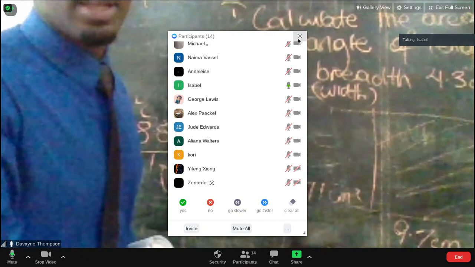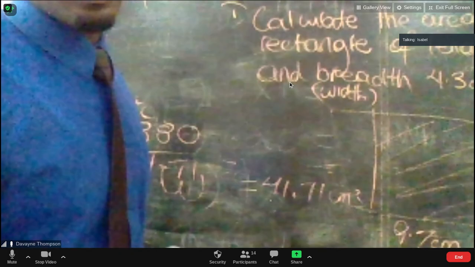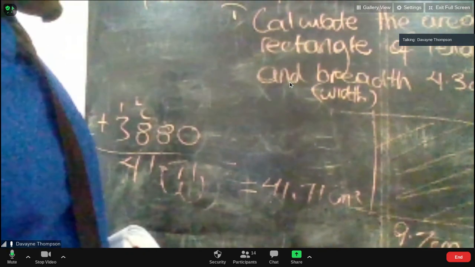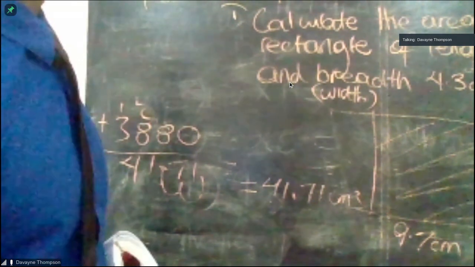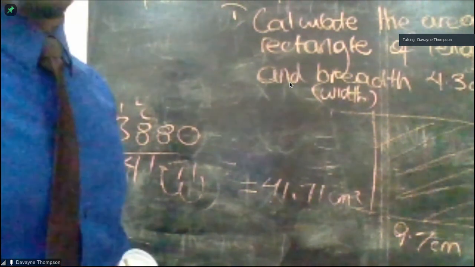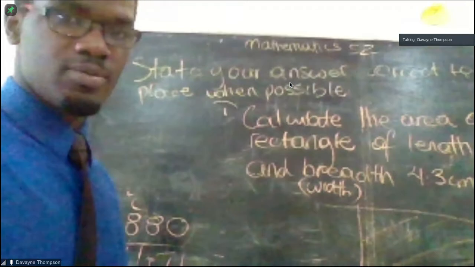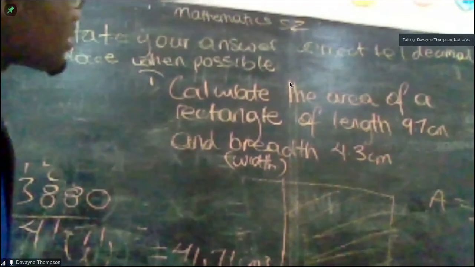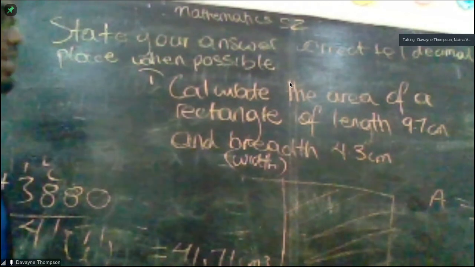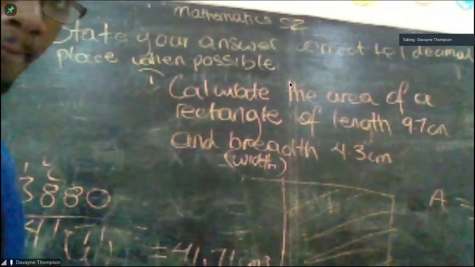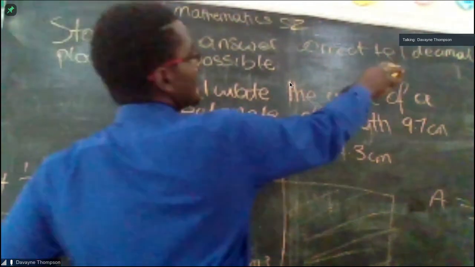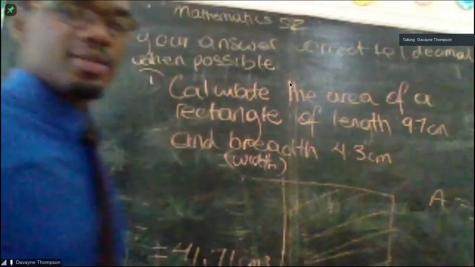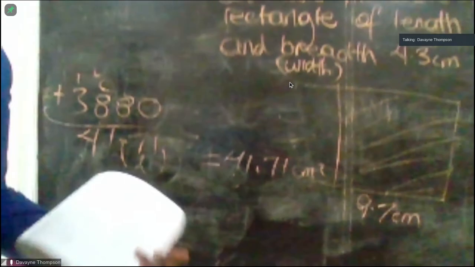I said 41.71, not 41.7. Exactly. You tell me. What did the instructions say, Naima? Read the question again. Remember, you guys are doing the questions. The very first thing I wrote on the board was what? State your answer correct to what? 1 decimal place. So you would have lost a mark here.